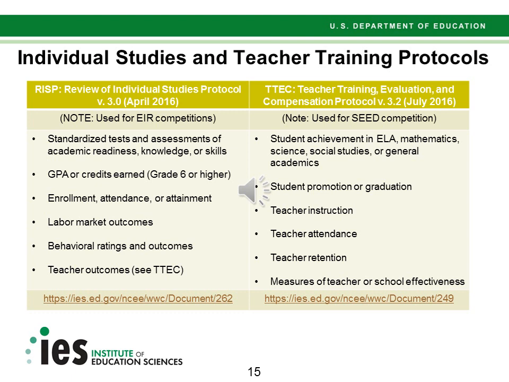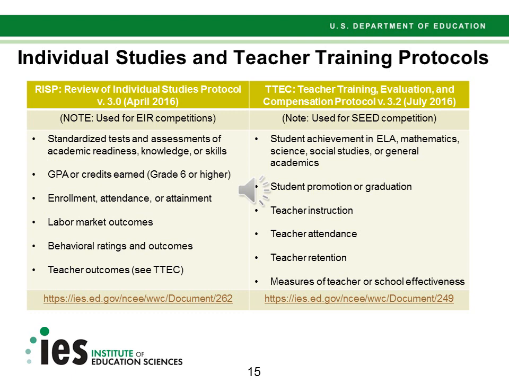The Teacher Training, Evaluation, and Compensation Evidence Review Protocol, version 3.2 from July 2016, is being used for reviews of studies proposed as moderate evidence for the Supporting Effective Educator Development (SEED) program grant competition. Eligible outcomes under this protocol include student achievement in English language arts, mathematics, science, social studies, or general academic achievement.